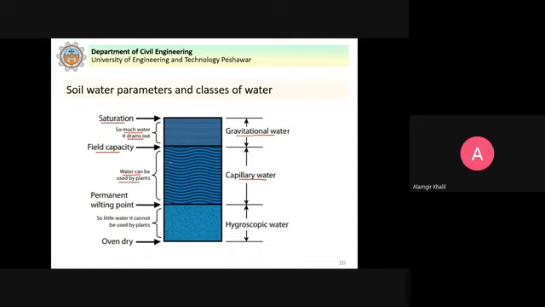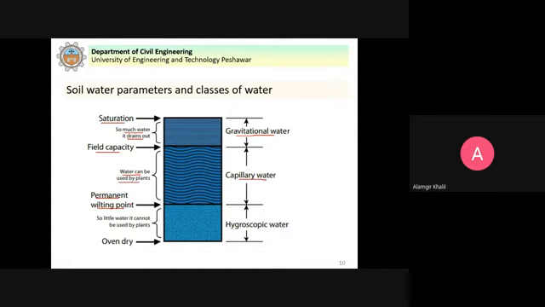Now, when the water is used by the plant, definitely the water content will reduce to the permanent wilting point. Wilt means that at that point the crop or the plant is unable to extract further water, and then it tends to become weak, so it wilts up.